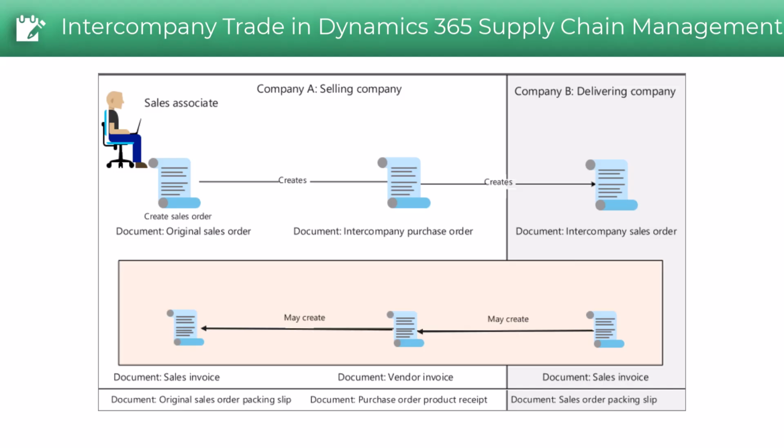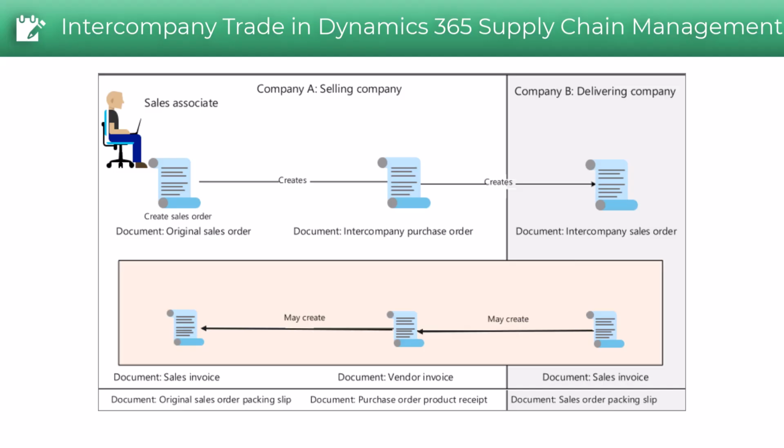Company A also generates a sales invoice for the customer. Let me give one example here as well. Zara HQ invoices the customer, while the Zara factory invoices Zara HQ. The Zara factory is nothing but the manufacturing unit, or company B.